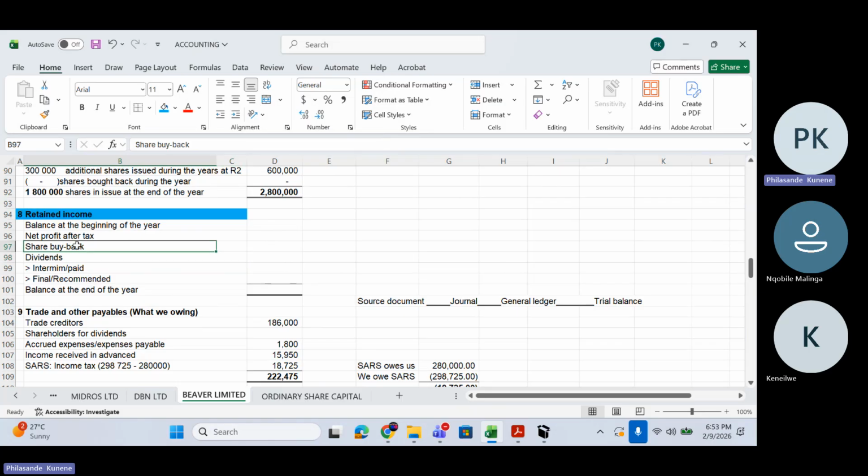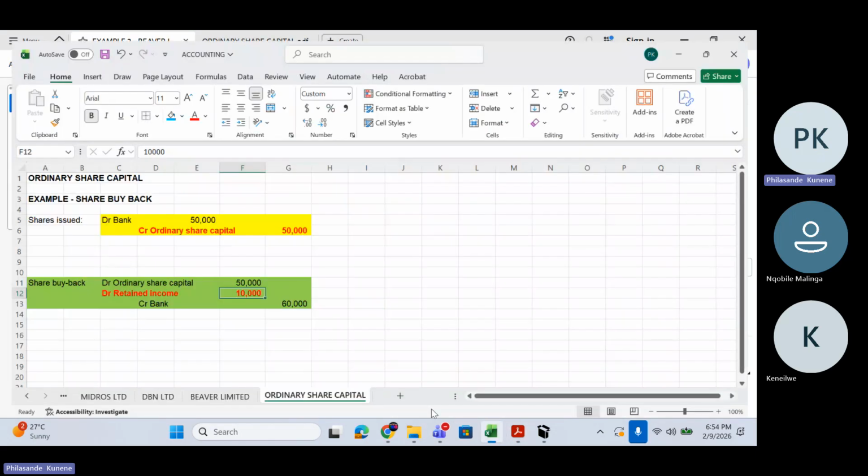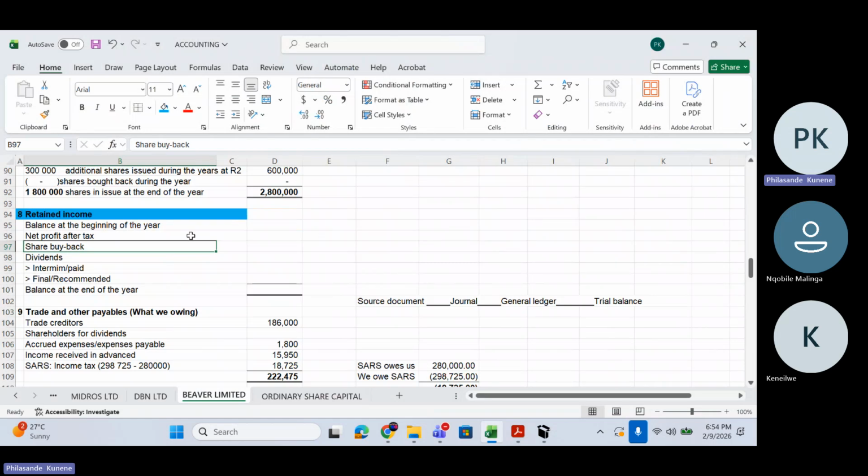This share buyback that we can see here is the difference that we usually take here. So if we had 10,000, I would come and subtract it here. That's why we're having share buyback, because there is one that affects retained income. Dividends.